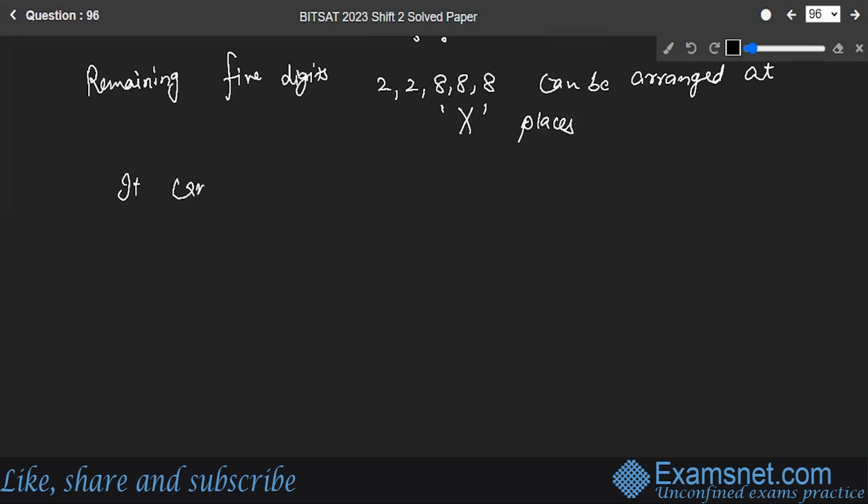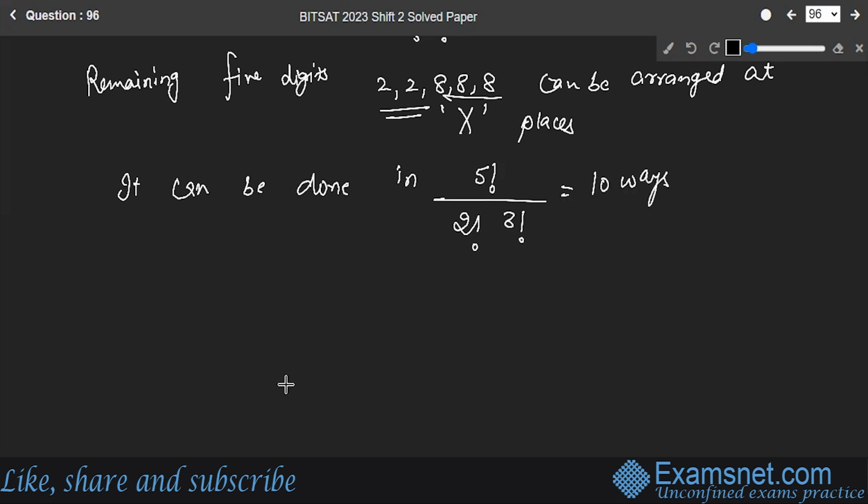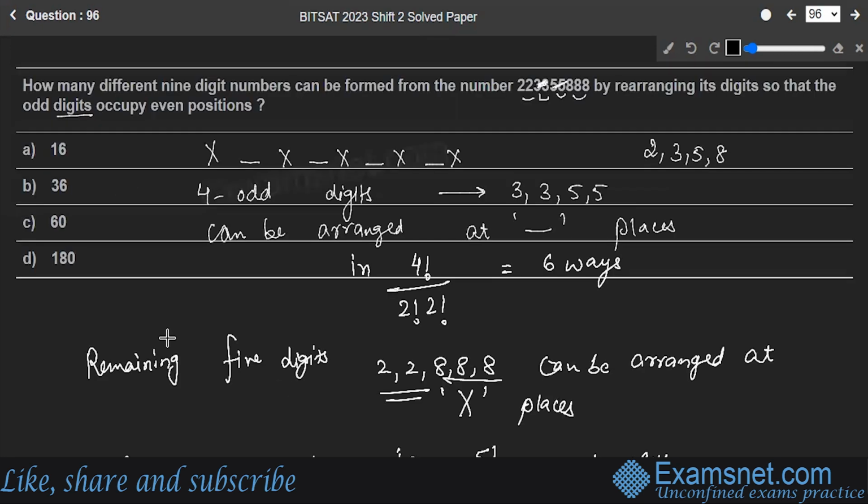You have 5 factorial divided by 2 factorial and 3 factorial. This will give you 10 ways. So the total number of arrangements will be equal to 60. So you have option C as the correct answer.